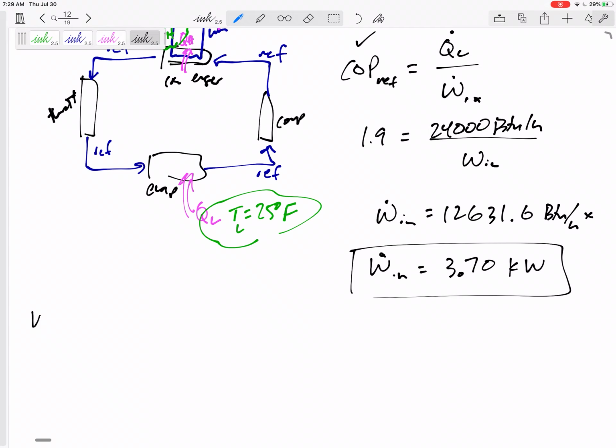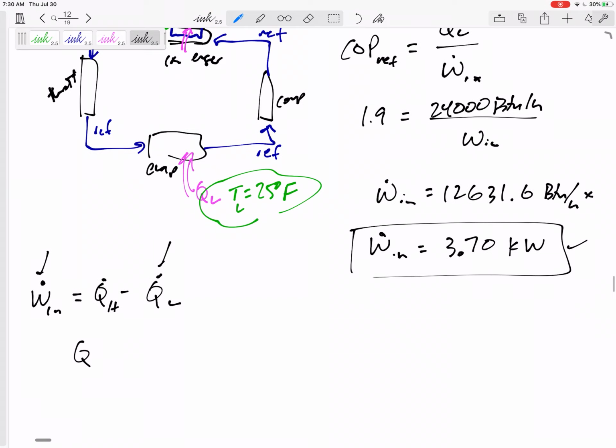Now, if you didn't know that you needed to find this, I've got an equation. Once you've got the work and the QL, you can find the QH. Work is QH minus QL. Generally, once you have two of these, you can find the third, and I've got two of them, so let's find the third.